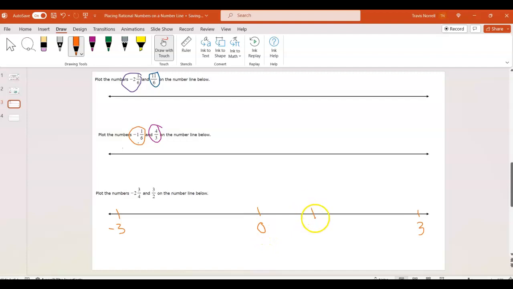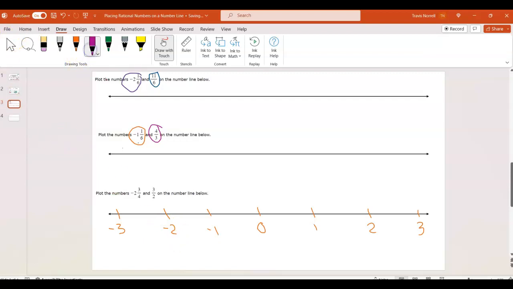Cut this into thirds. So we've got +1, +2. Cut this into thirds. And so we'll have -1 and -2.